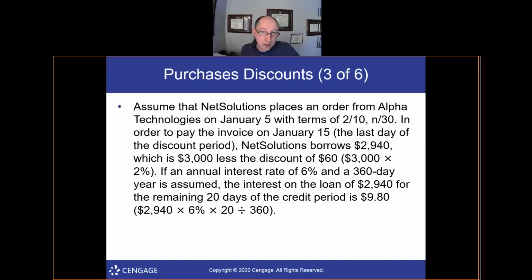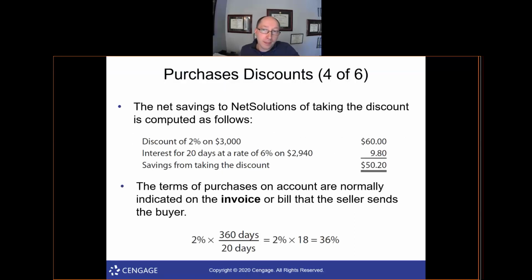So 3,000 minus 60 is 2,940. So my bill would be 2,940 if I pay within the first 10 days. Otherwise, I would pay the full $3,000 within 30 days of the bill. That's basically what all of this is telling you. It's just kind of working through the example.